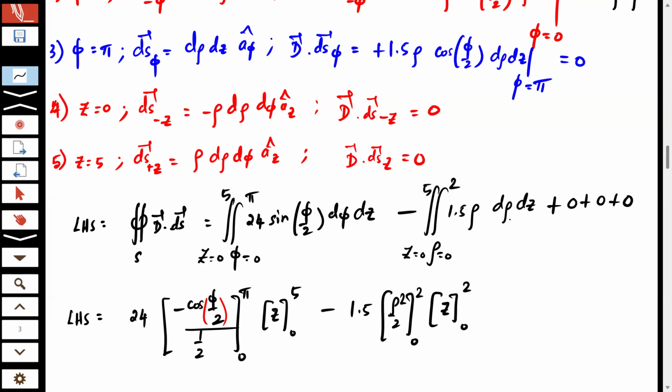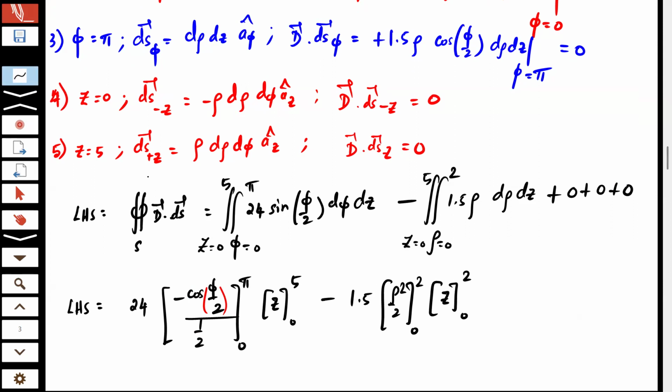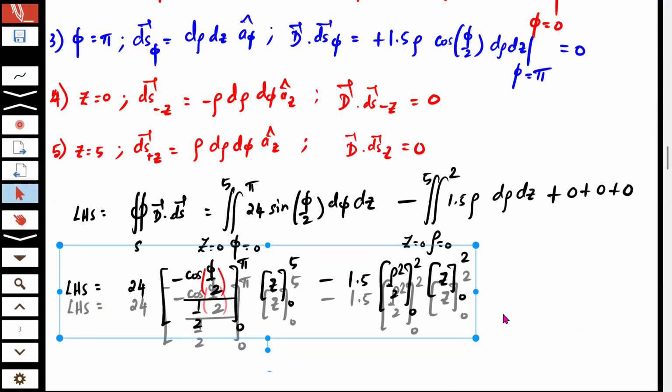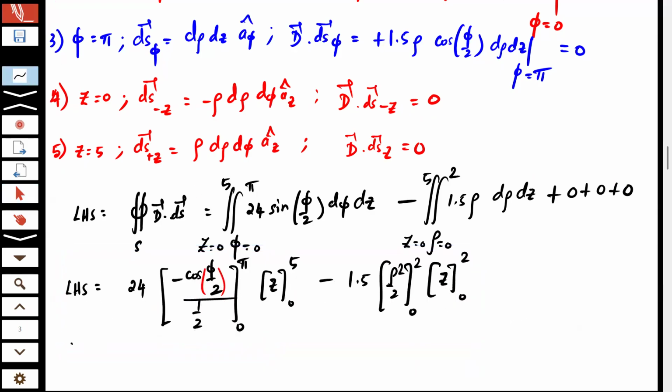Now we have to perform substitution of these to get the answers. So let me write the answer here directly. The left hand side is going to be 24 multiplied with 2, and substitution of the limits: cos pi by 2 is 0, then cos 0 is 1, so minus of minus 1 you will get.